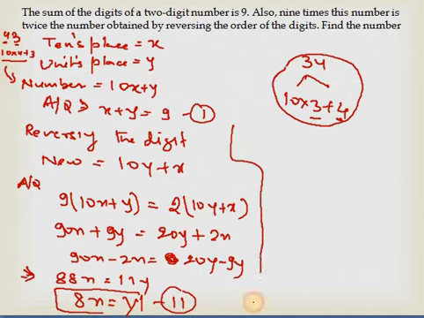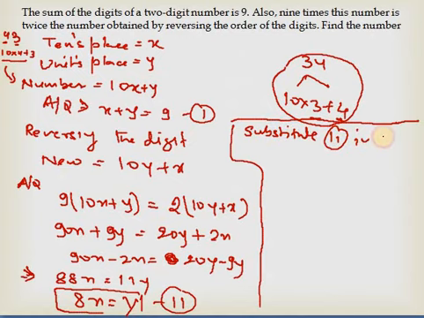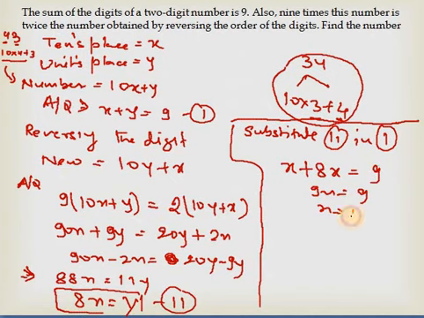Now can we use the substitution method to find the value? So what we can do is substitute 2 in 1. So x plus y, instead of y we can write here 8x, is equals to 9. So 9x is equals to 9. So x is equals to how much? 1.